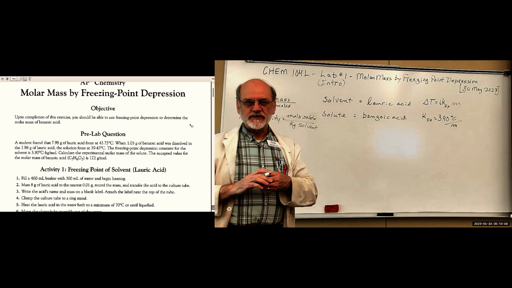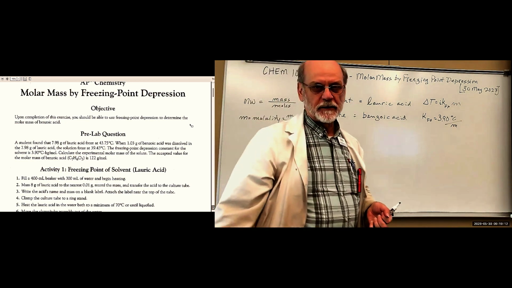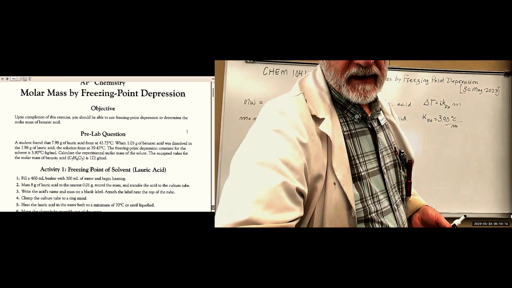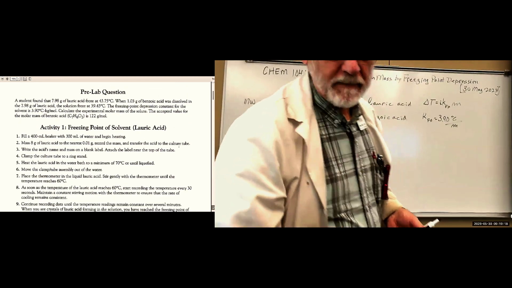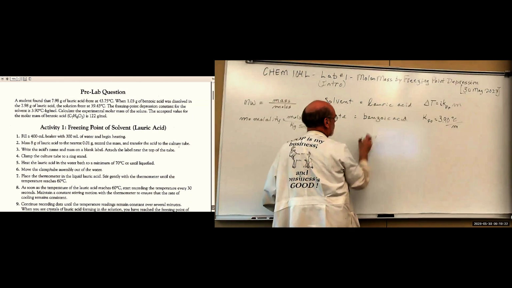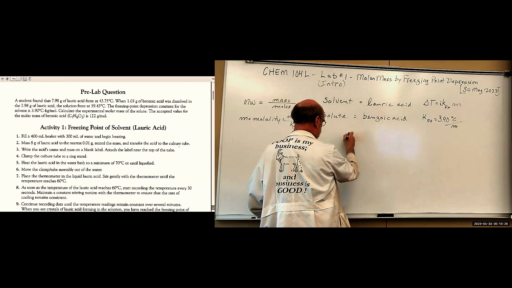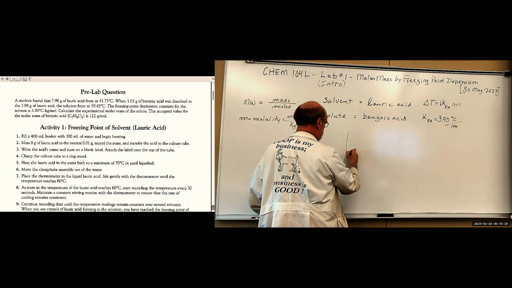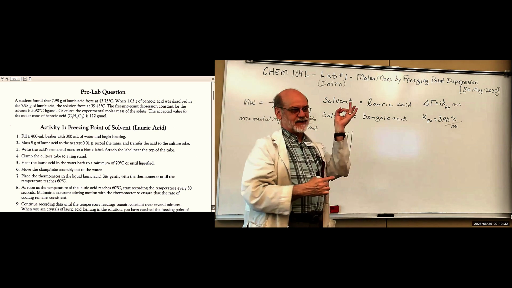What's the practical approach here that we're looking for? Well, we're going to take a certain amount of lauric acid and put it in a big test tube. Things are about that long, about that big around.